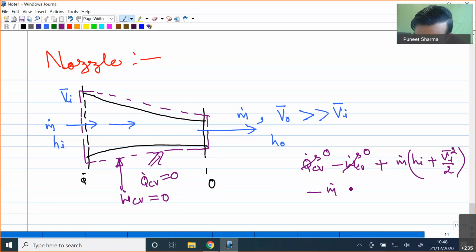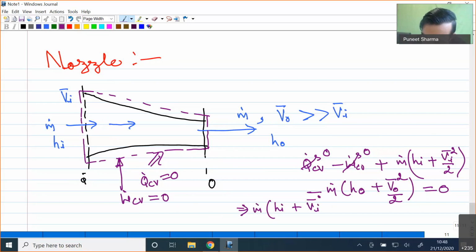Minus ṁ into (HO plus V̄O square divided by 2) equals 0. From this you can clearly see that ṁ into (HI plus V̄I square by 2) will be equal to ṁ into (HO plus V̄O square divided by 2).